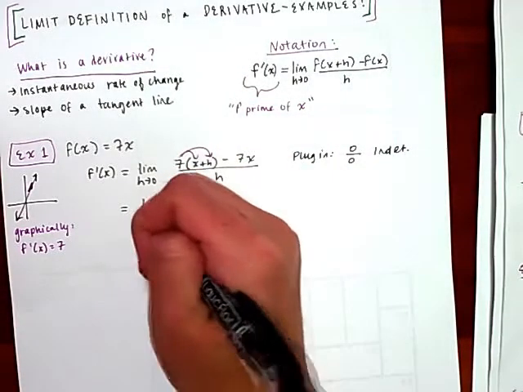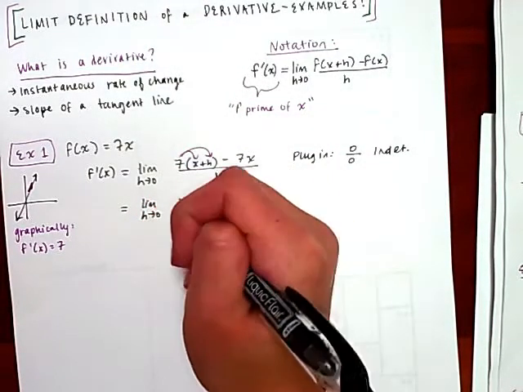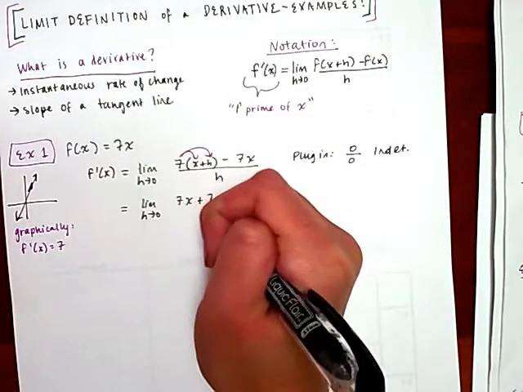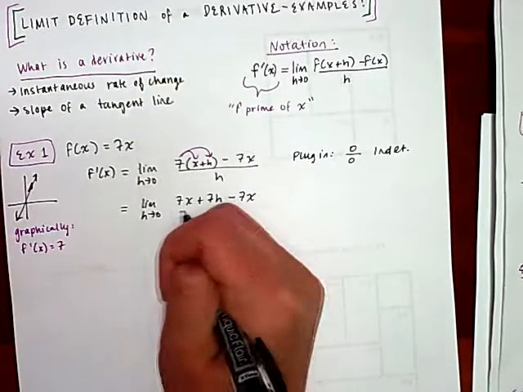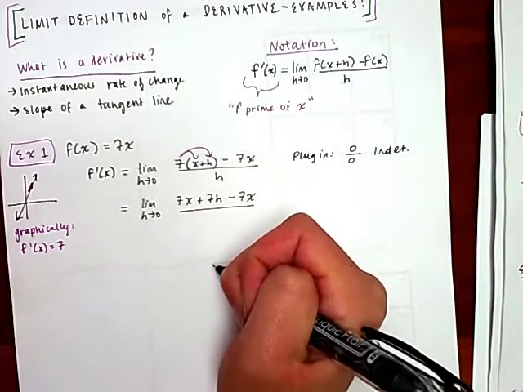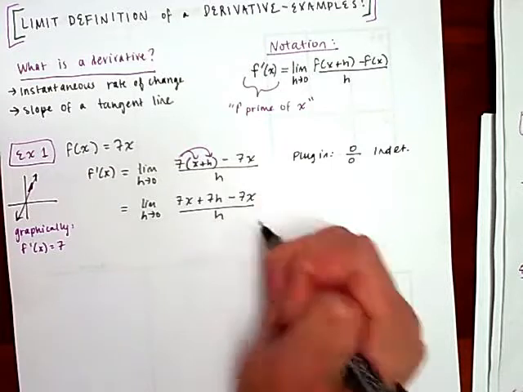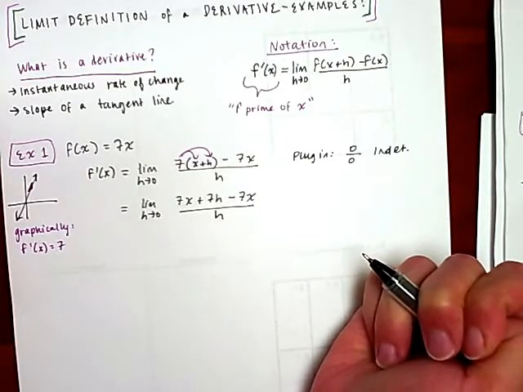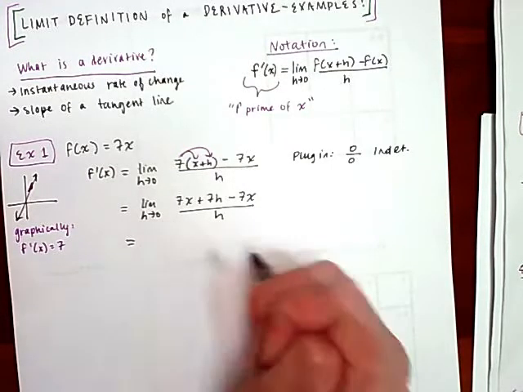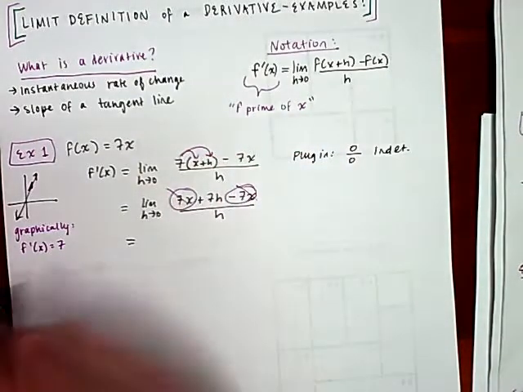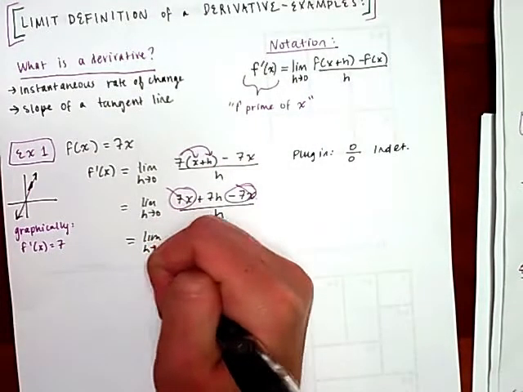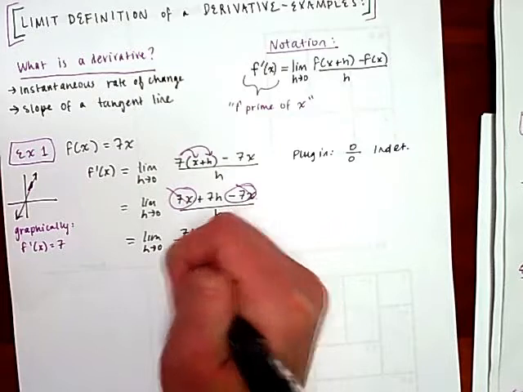So now we have the limit as h goes to 0 of 7x plus 7h minus 7x, all over h. Okay, so what happens here? Well, 7x minus 7x cancels. So I get the limit as h goes to 0 of 7h over h.